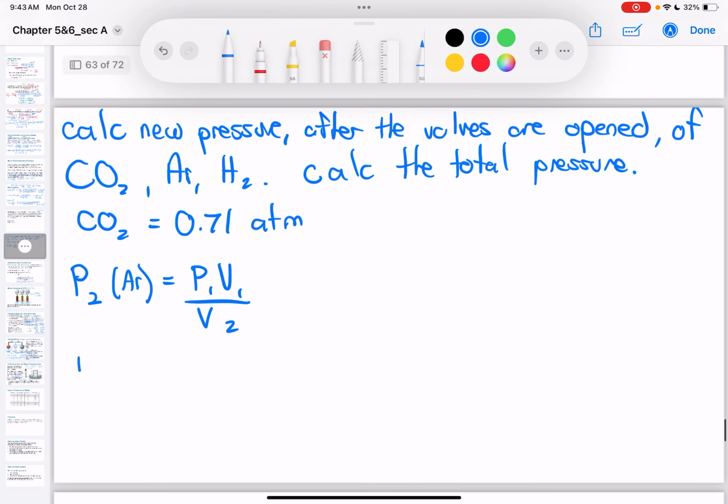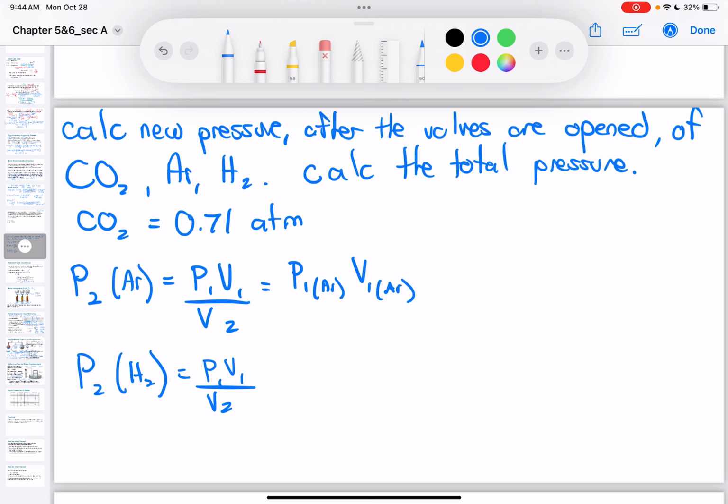Okay. And then the pressure 2 of hydrogen is going to be P1 V1 over V2. Now, if you're getting at all confused, you could write these a little more specifically. You could say P1 of argon, V1 of argon, and then V2 is the same number for all of them because that's just that 4.5 liters, the total volume once we open those valves.